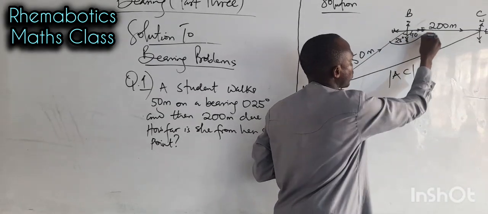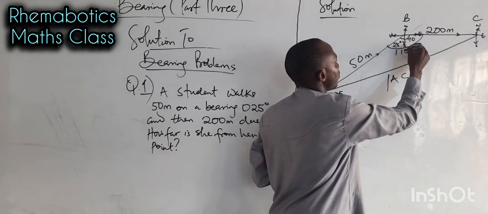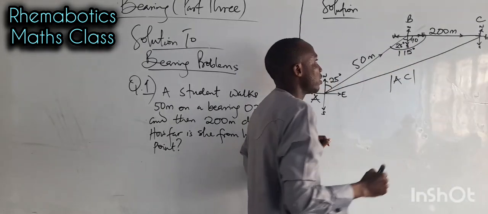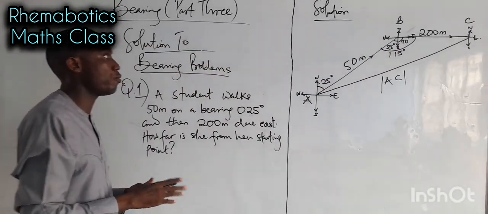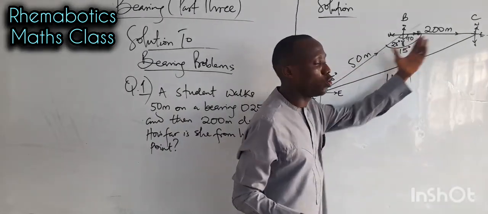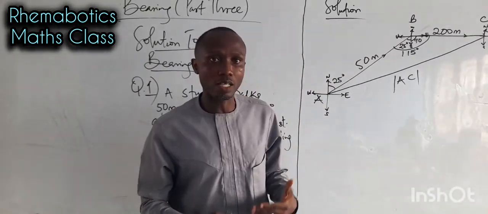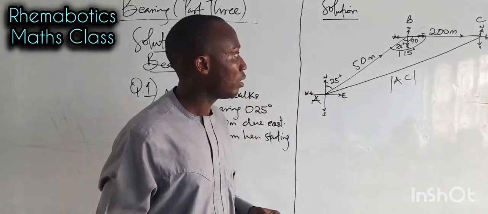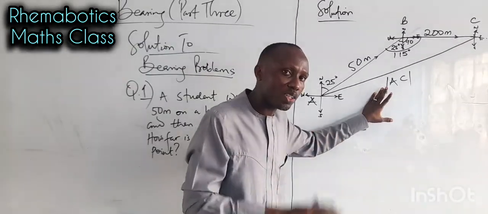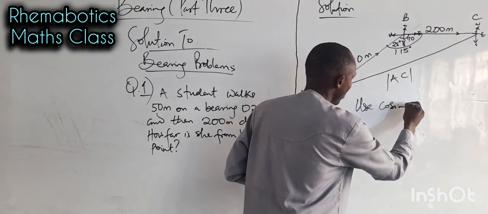So 90 plus 25 is 115 degrees. So you can see we have an angle between 2 known sides and we have an unknown side. Now this tells us that we are going to use a principle called cosine rule. So use cosine rule.